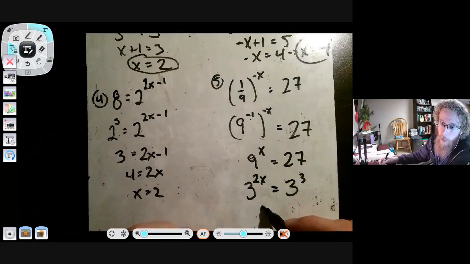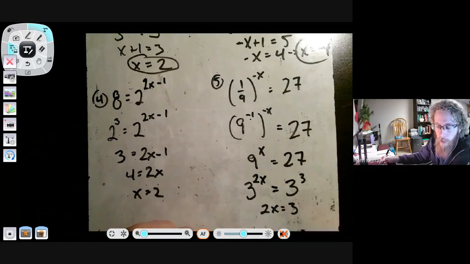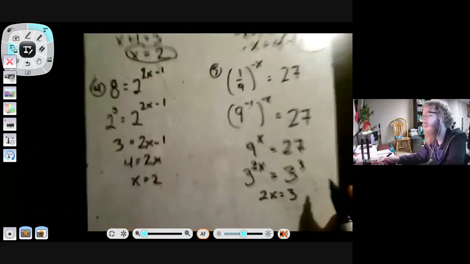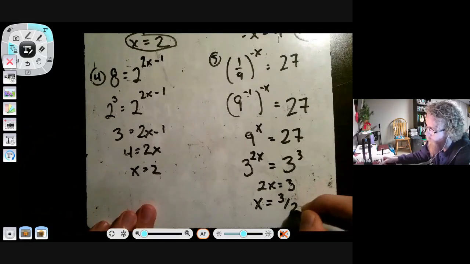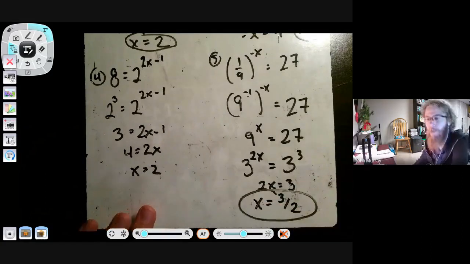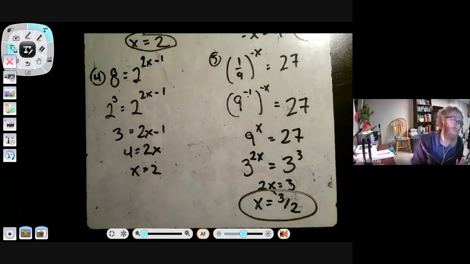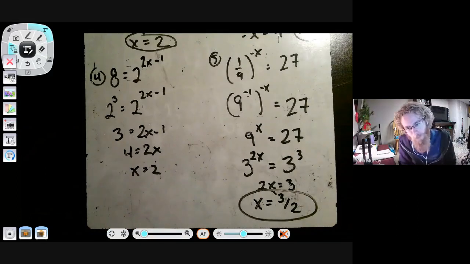So when I'm looking at my exponents, I get 2x equals 3. When I solve, I end up with a fraction, x equals 3/2. Right, and that brings me to one part.